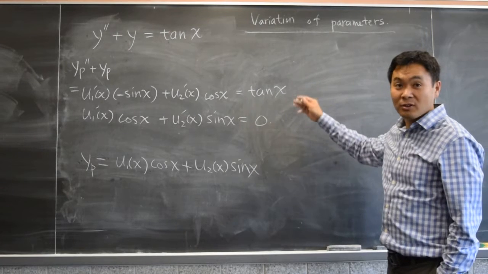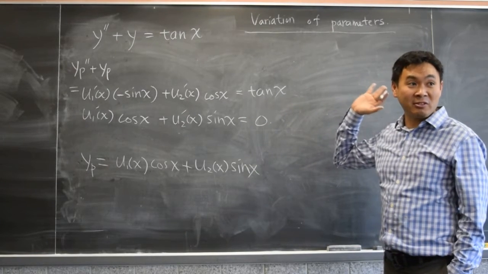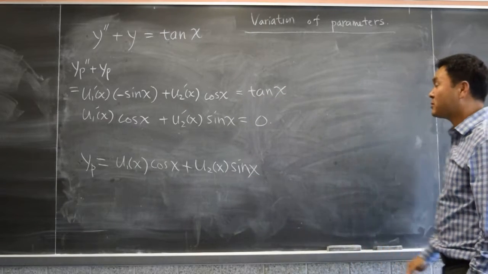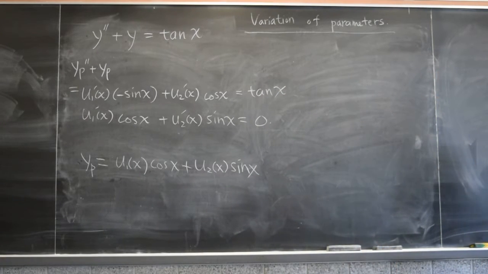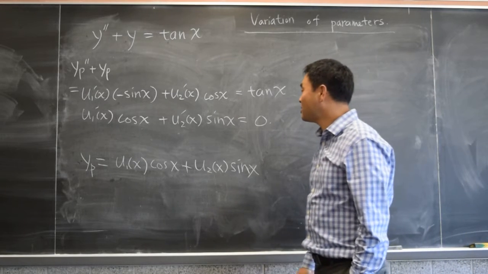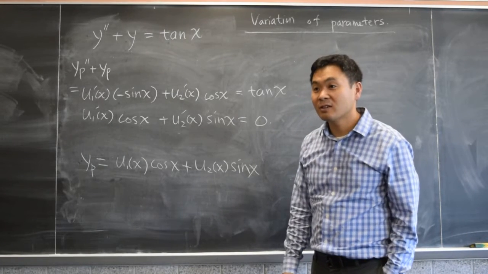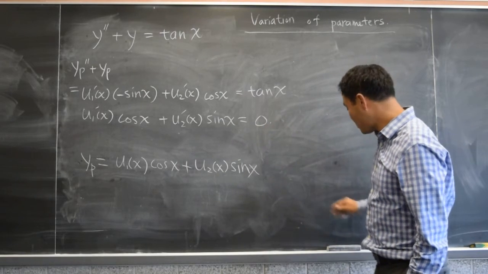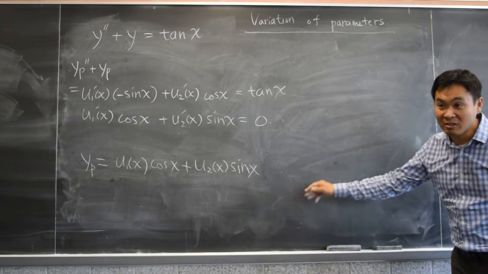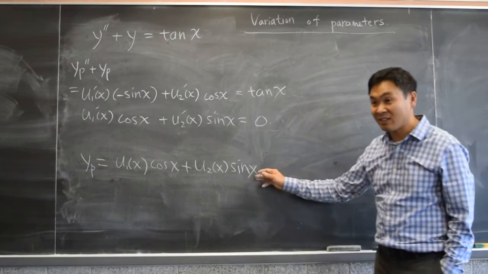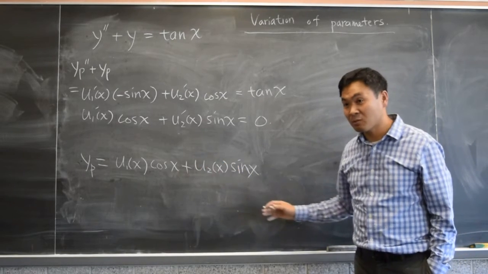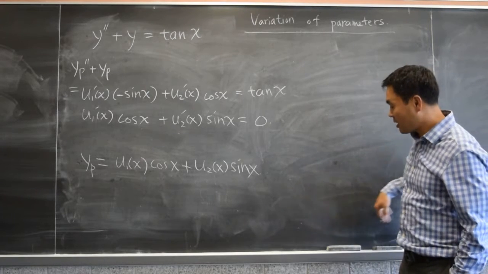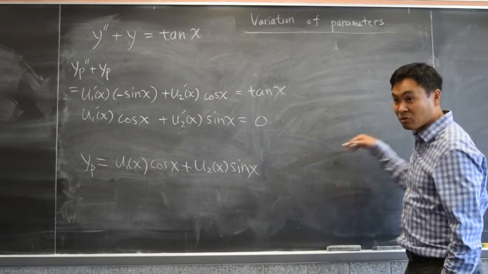So we have u1 prime and u2 prime. These are the two things that we don't know, and we have two equations. How do we solve? Yes, you have a question? What's the second line? This second line came from the additional assumption that we made. When we differentiated, there was some u1 prime and u2 prime that was created, and we said I want that to be equal to 0.